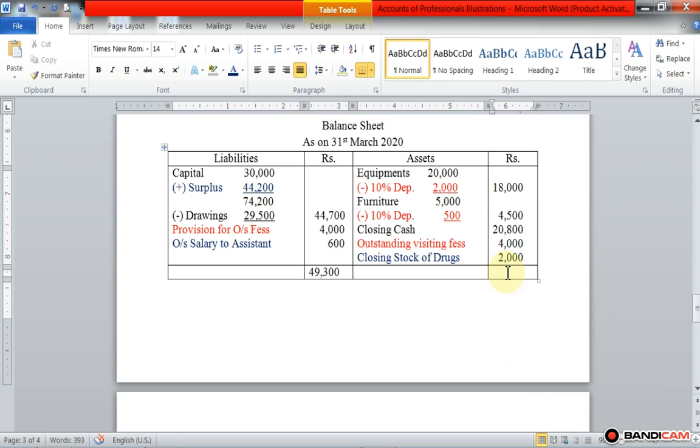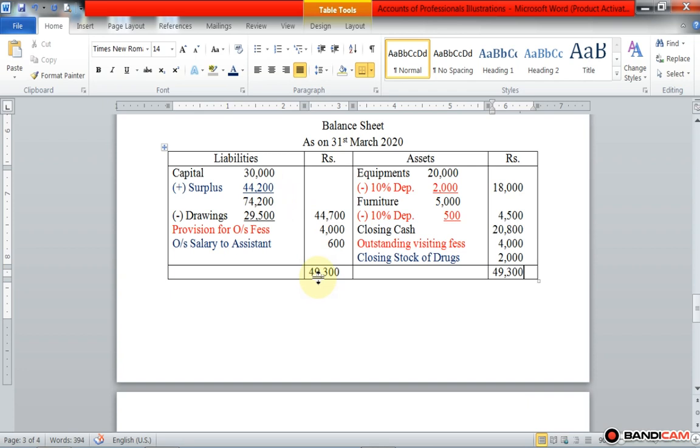Now make the total of the asset side, that is 18,000 plus 4,500 plus 20,800 plus 4,000 plus 2,000. So the asset side total is 49,300. Both sides are equal, both sides tally.